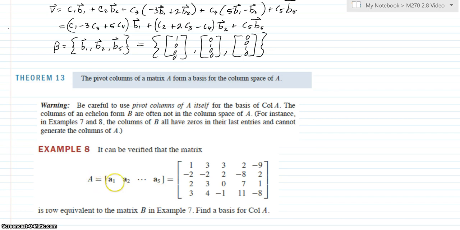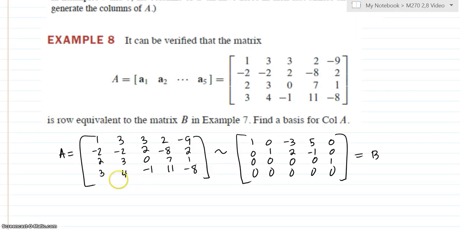So here is A. A is equal to A1, A2, all the way to A5, where the first column is A1, the second is A2, and so forth. They let you know that this is row equivalent to the matrix B we found in example 7. They want you to find the basis for the column space of A, and it's going to be a little different. Our A is row equivalent to B, so if we row reduce this, you would end up getting B from example 7.